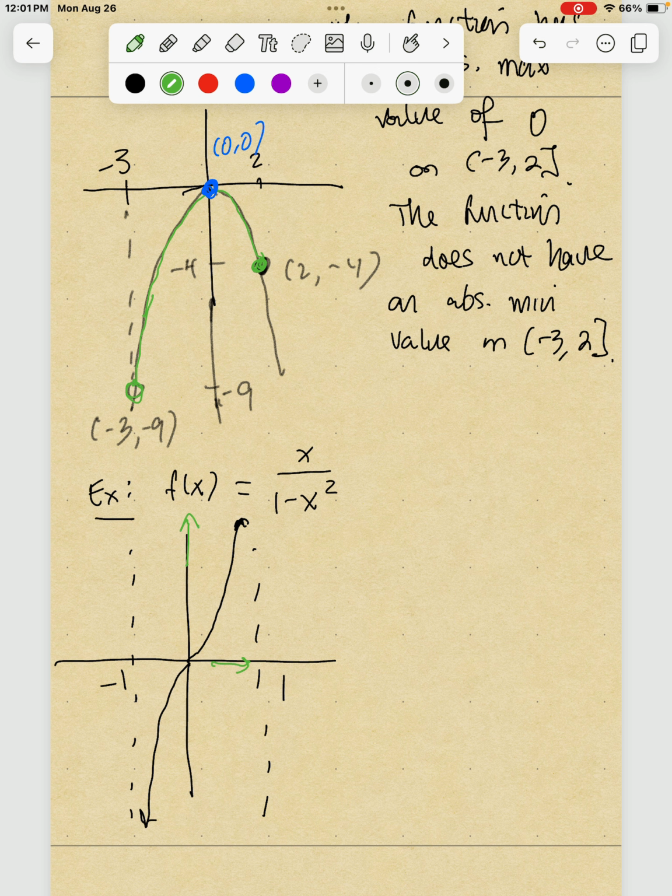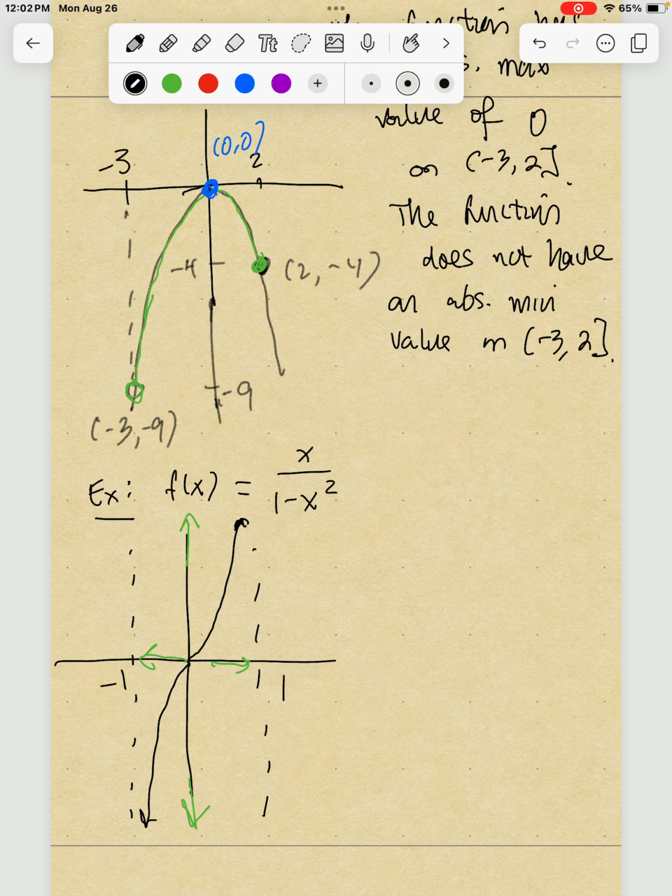They're just getting arbitrarily large. And similarly, there's no absolute minimum value because as x goes to negative 1 from the right, the y values just get more and more negative, and they get arbitrarily negative, right? It's not like they somehow stabilize to like negative 100. That's the biggest it can get.